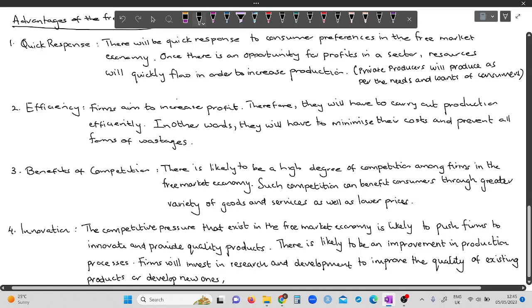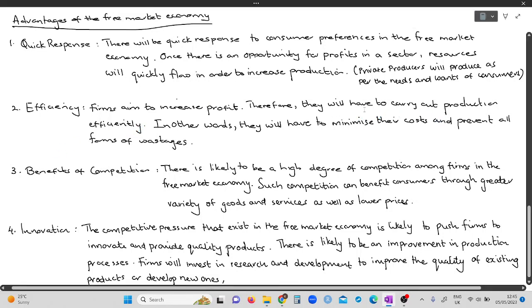So next we have efficiency, where firms aim to increase profit. Bien sûr, the motive in a free market is to increase profit. Therefore, they will have to carry out production efficiently. In other words, they will have to minimize their costs and prevent all forms of wastage.